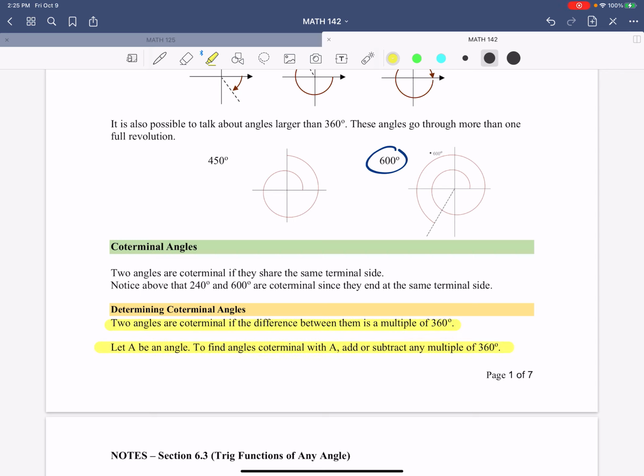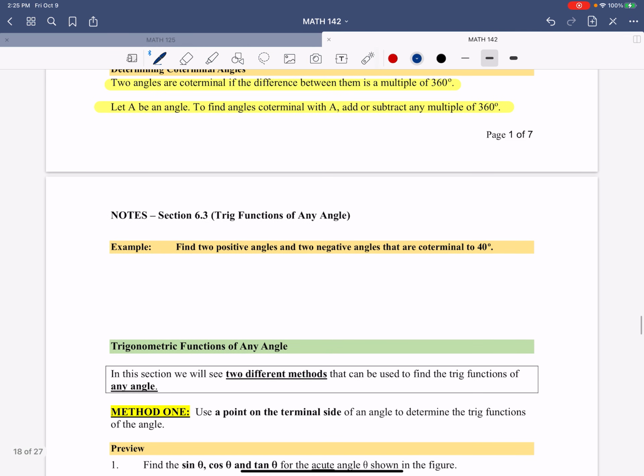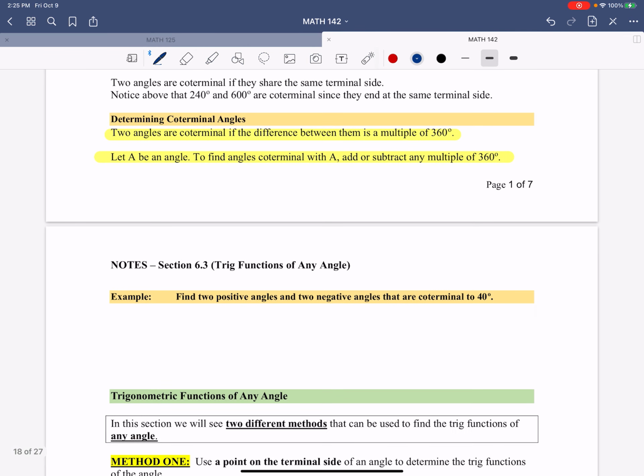Okay, so let's look at our example here, and then we'll say that we've accomplished coterminal angles. So if I have 40 degrees, I want two angles that are positive and two angles that are negative that are coterminal to 40. Well, for the first positive angle, I'm going to add 360, and that's going to be 400 degrees. Technically, these should all be degrees. And I'm going to add another 360 to get another coterminal angle.